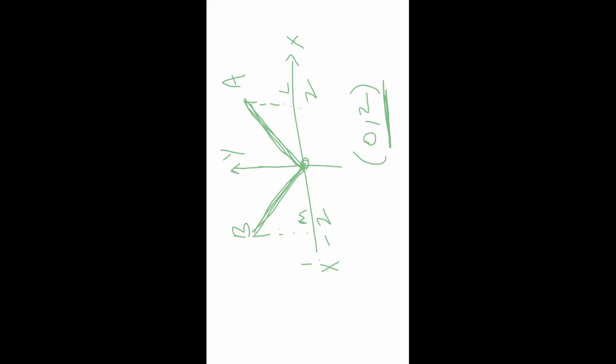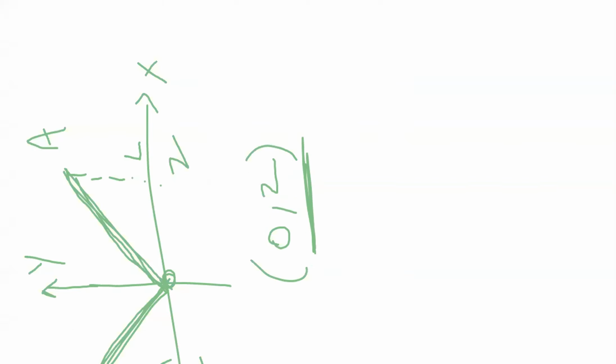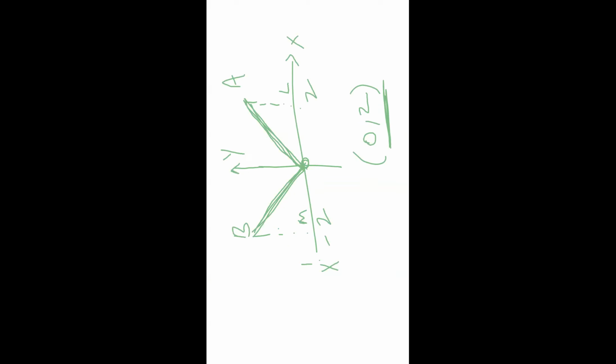So this function is f of x equal to x in the interval minus 2 comma 2.